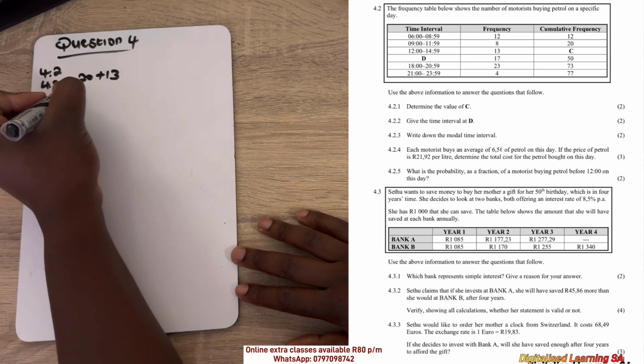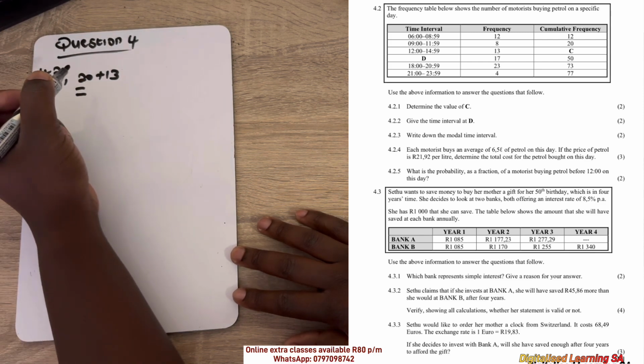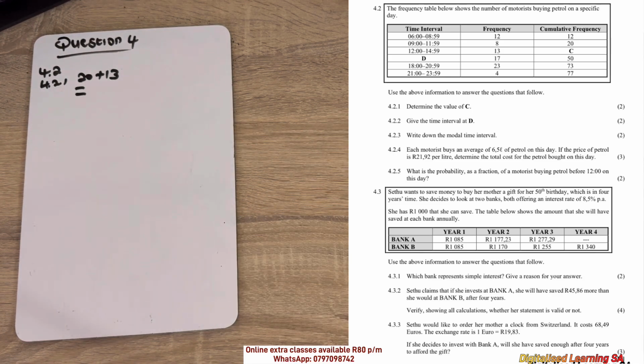The 20 is calculated by taking the current frequency and the previous cumulative frequency, so 12 plus 8 gave 20. Then to get C, we take 20 and add 13, and our answer will be 33.